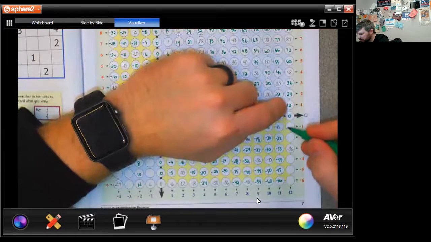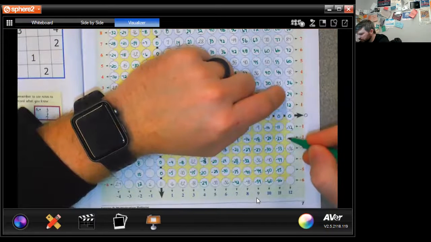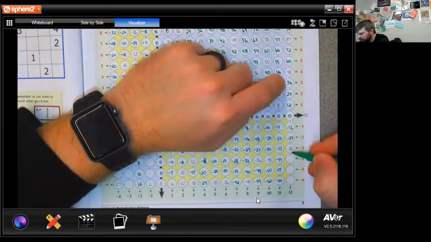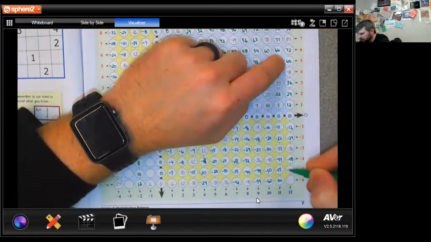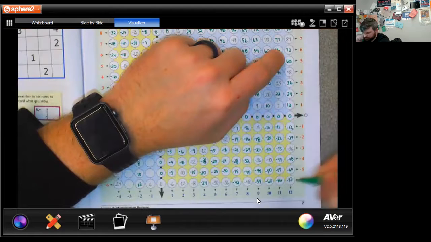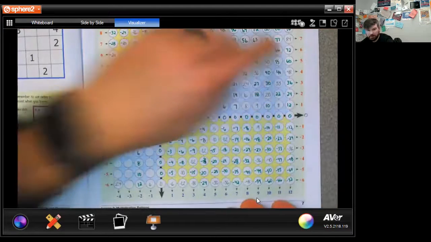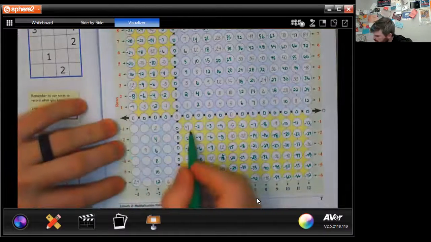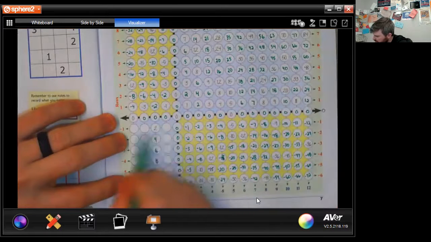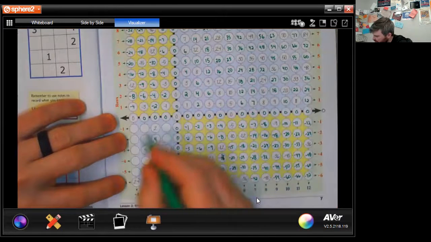0, -12, -24, -36, -48, -60, -72. And then we have this little blue section over here. So we can just do this row or this column, but all of these will be positive.